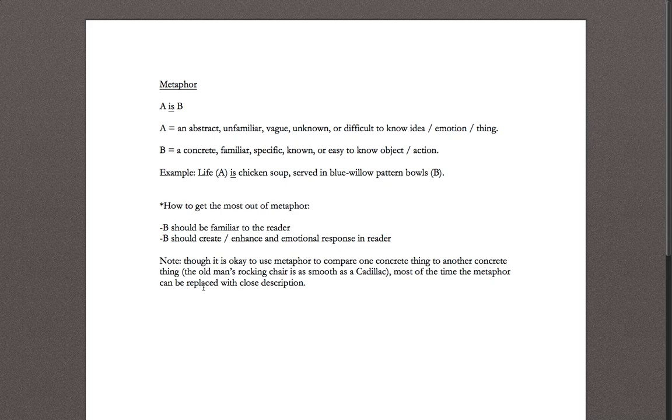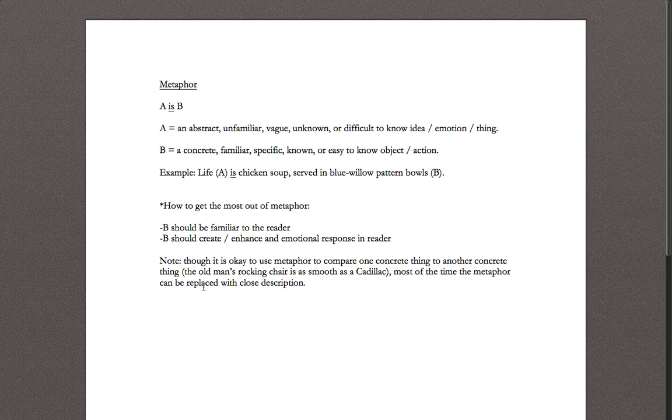It's a comparison between these two things, A and B, to help the reader understand something or picture something or imagine something on a deeper level than just your explanation of one thing or description of one thing could do.